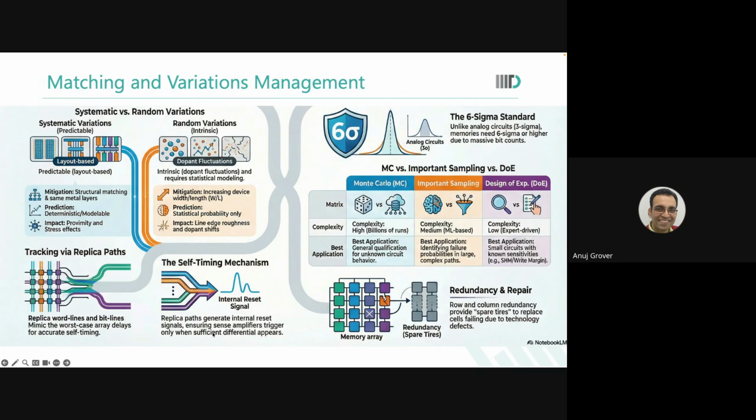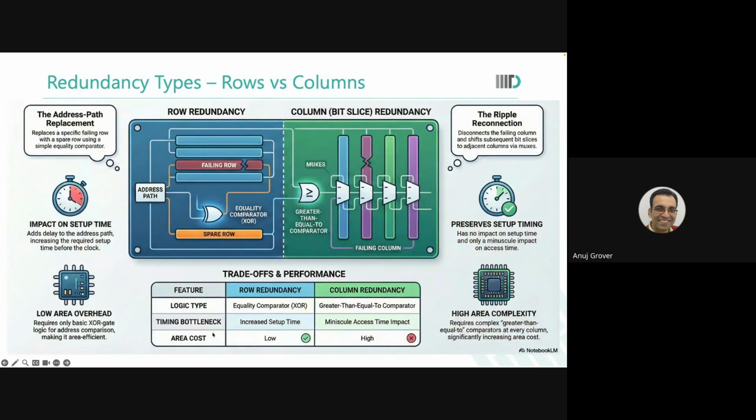So redundancy, while the most important objective of putting in redundancy and repair is to recover from hard defects, by the very virtue of it being available, if I am not handling hard defects, I can also consider using it for repairing design weaknesses. Are you able to see this?